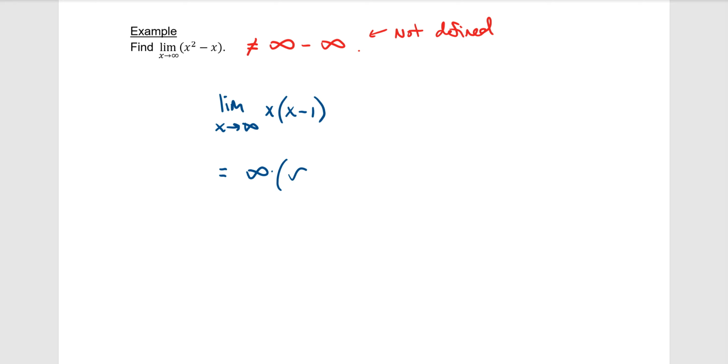That would be infinity times infinity minus 1. Infinity minus 1 would still be infinity. Infinity times infinity would still be infinity, which kind of tells us the answer. But for the millionth time, you can't actually write that. So we would write that the answer is infinity.